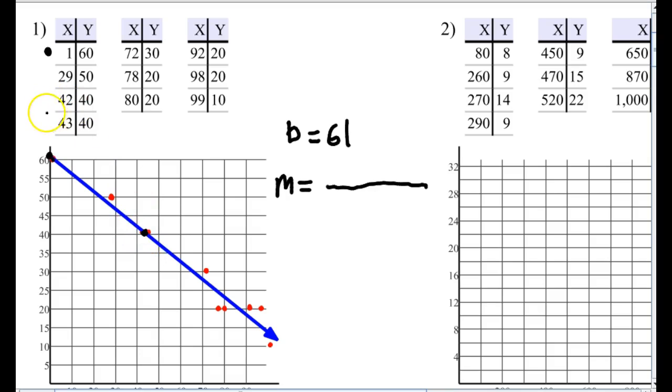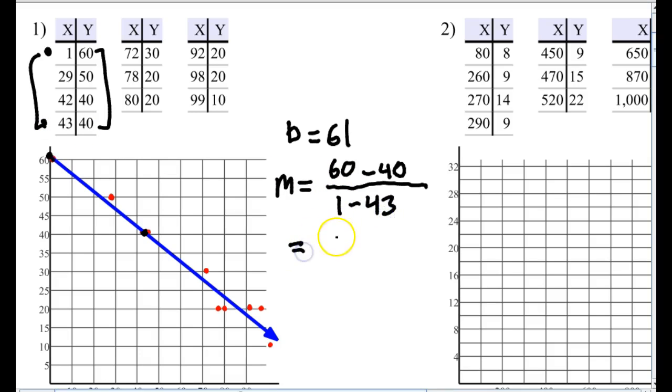You don't have to, but I'm just going to pick those two and use them. So I got 60 minus 40 and 1 minus 43. That'll give me a slope. Let's see here. That's 20 over negative 42.